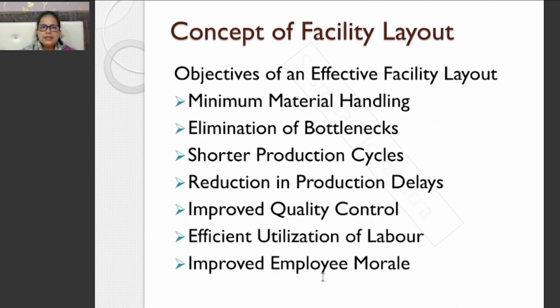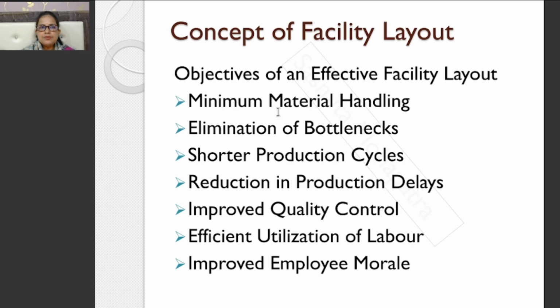Concept of facility layout. Why do we need to have a facility? We have already discussed the objectives of an effective facility layout. Minimum material handling. Then elimination of bottlenecks. Bottlenecks, we know, are hurdles coming in between the process or the flow of material, and they can be handled if we have a very good facility layout.